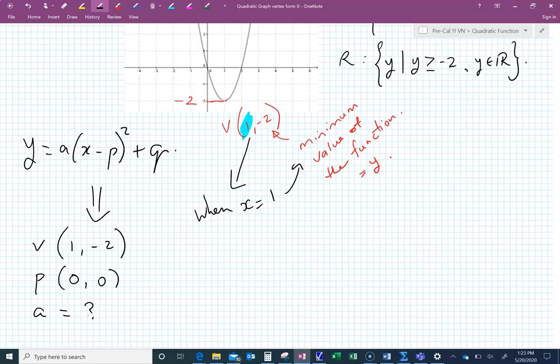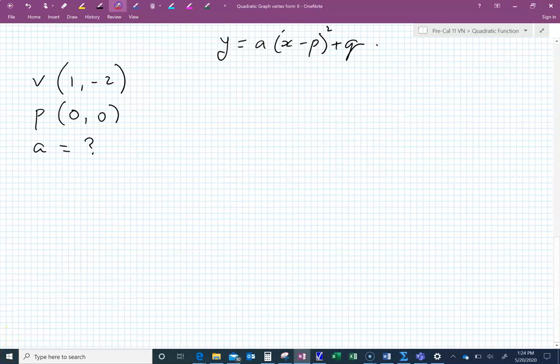We can just plug it into the equation with what we have, solve the equation for a, and then rewrite. Okay, let's go ahead. So this is my x, this is my y, this is p, this is q. Plug numbers in and see what we get. So 0 equals a, which we don't know, so I'm just going to leave a alone.